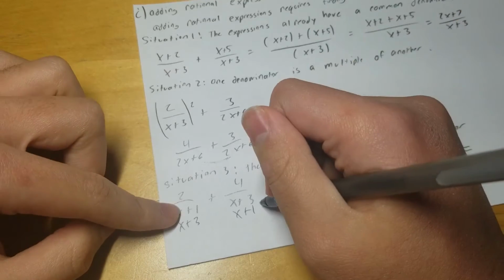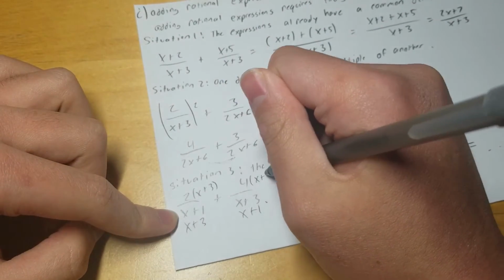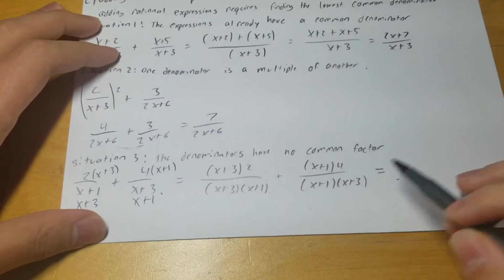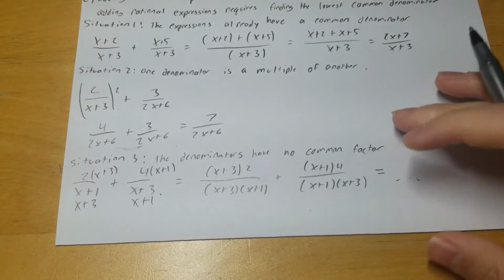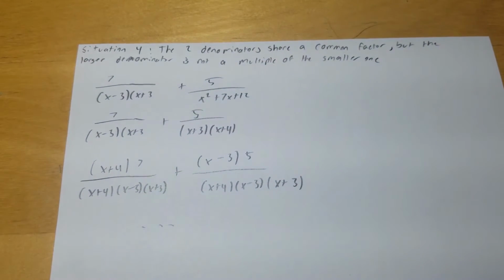And since you do it on the bottom, you have to do it on the top as well. And what you're left with is just this equation, and you don't need to know the answer, it's just the process.